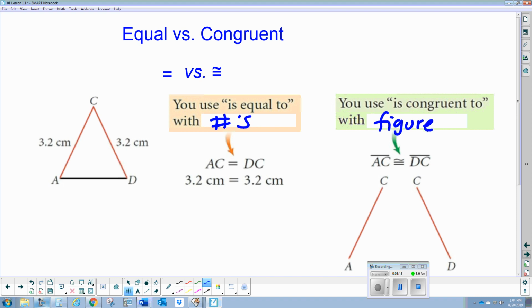So we use congruent when we talk about figures. This is the sign for congruent. It's that equal sign with that little squiggle above it. And we use that when we don't have measurements.